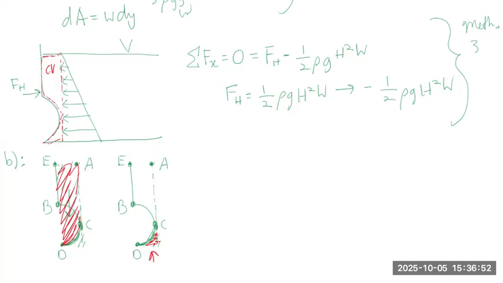And so the vertical pressure will be equal to basically the weight of water inside this cylinder.